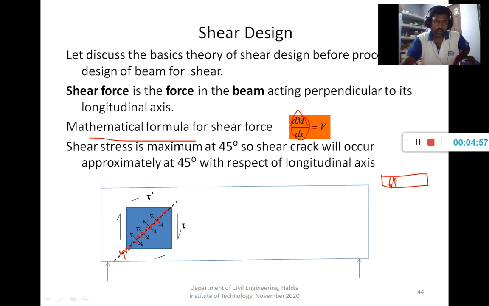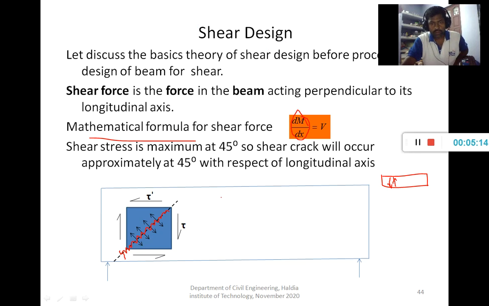So you know that members are mainly designed for flexure. You already designed the members for flexure. Now we are going to design the member for shear.